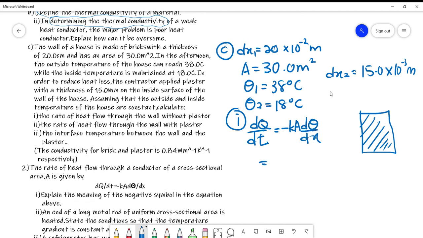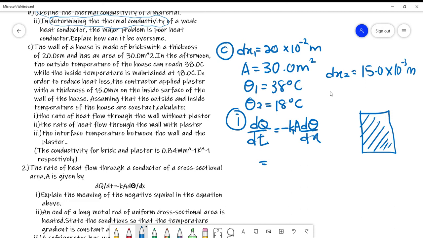So this should be the K1, and the K2 is basically the plaster. So there's something missing for the thermal conductivity.